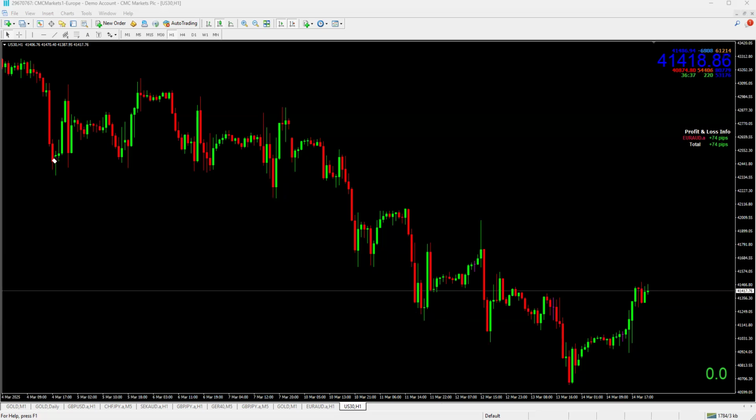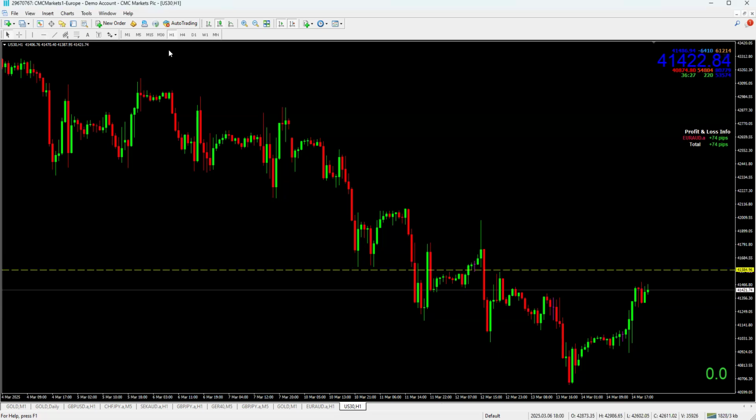When you talk of structure, you're basically talking of the price going up, and then when it reverses, that sharp end is the structure.